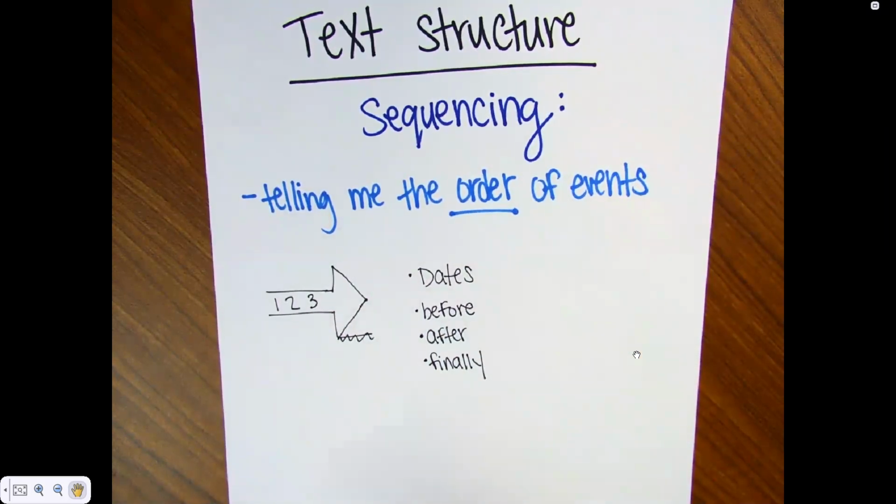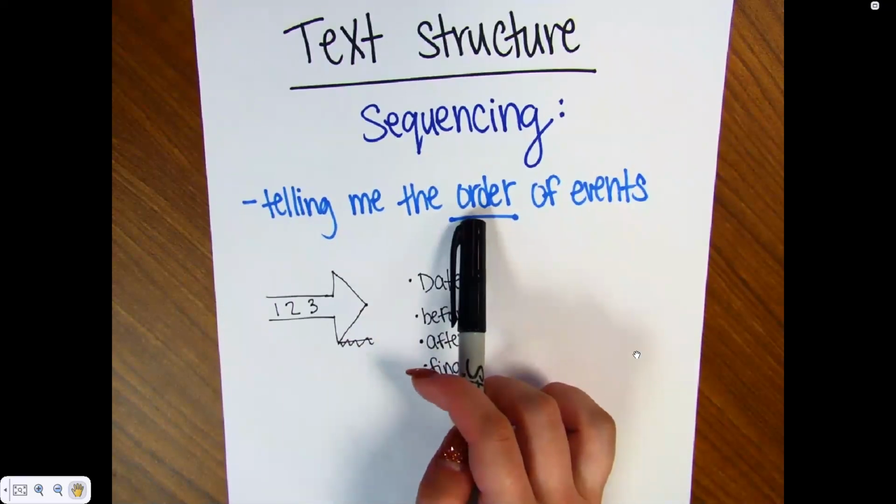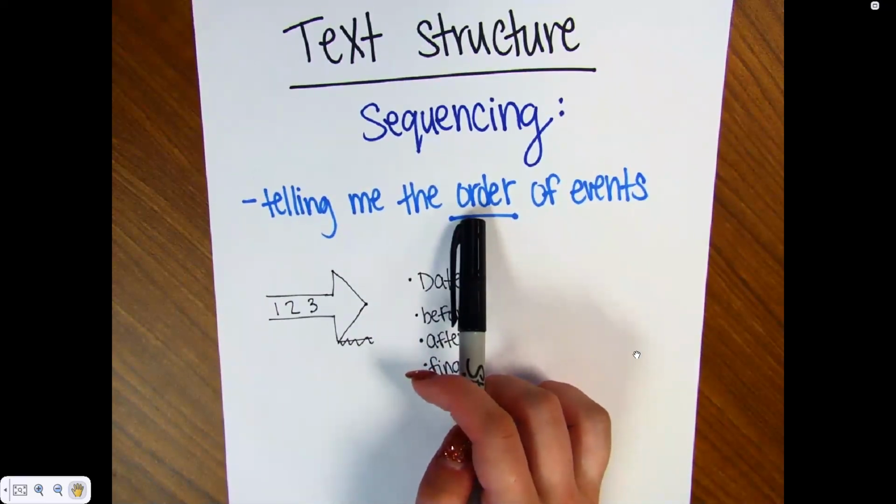The big thing though with sequencing is, when you're looking at a sequencing book or a recipe or something that the author is giving you and telling you you have to do, it's the order. So you have to think about, if I tried to do this in a different order, would it work?